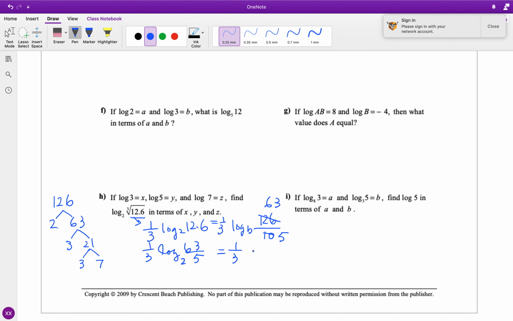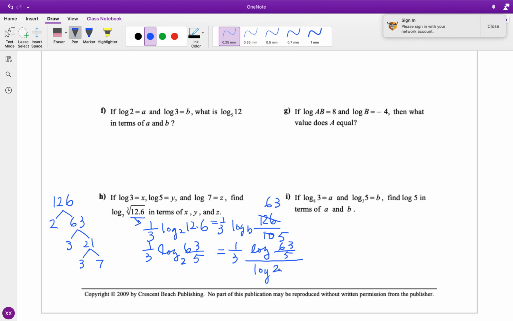So that means log base 10 of 63 over 5, using the base change rule, over log base 10 of 2.